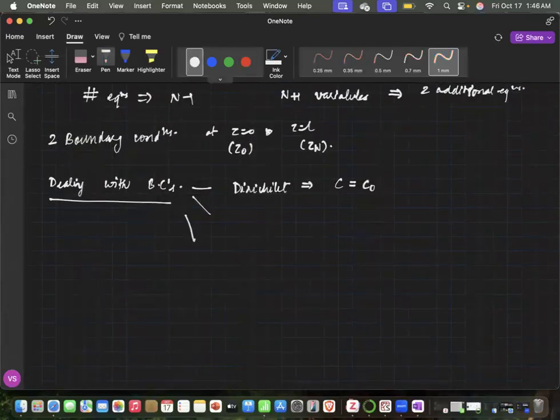The second kind of boundary condition is a Neumann boundary condition. In the Neumann boundary condition, the derivative is specified.